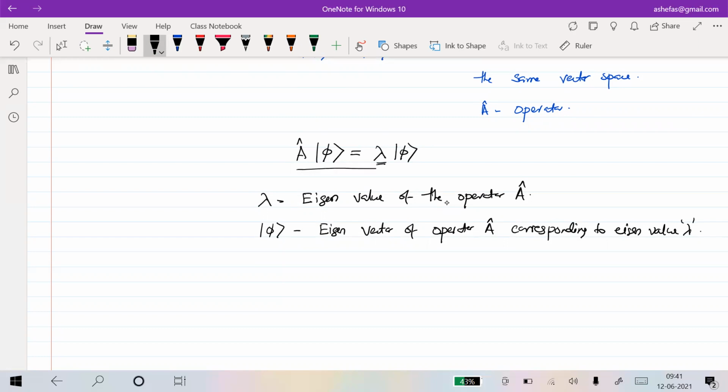Now an operator can have more than one eigenvalue, and for each eigenvalue there will be corresponding eigenvectors.